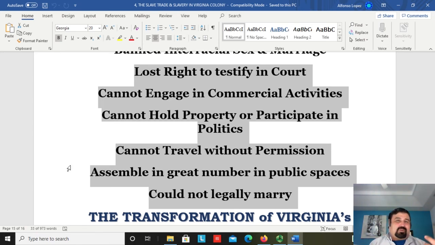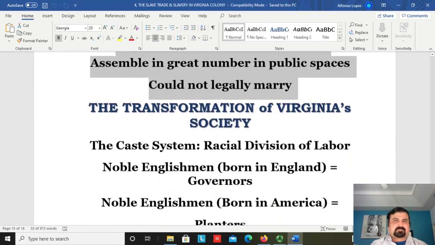For example, who were going to be the slaves, what kind of duties and responsibilities, what they could do, couldn't do, etc. All of that is going to be imitated in other colonies like the Carolinas and Georgia. So Virginia was the forerunner that started providing some form of structure as to how the institution could exist, function, and operate.